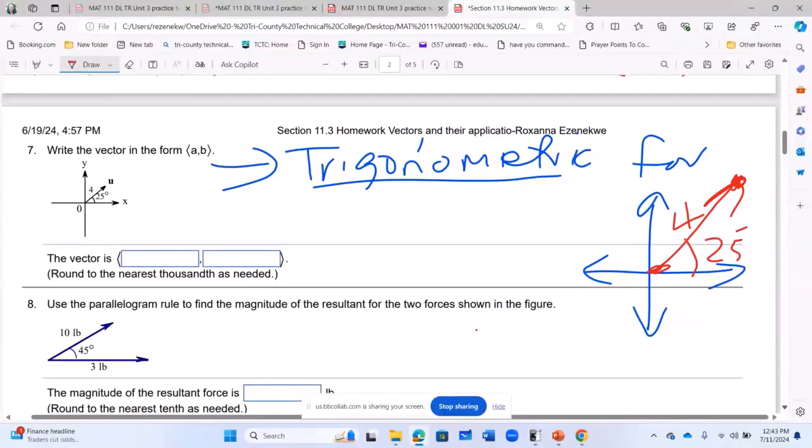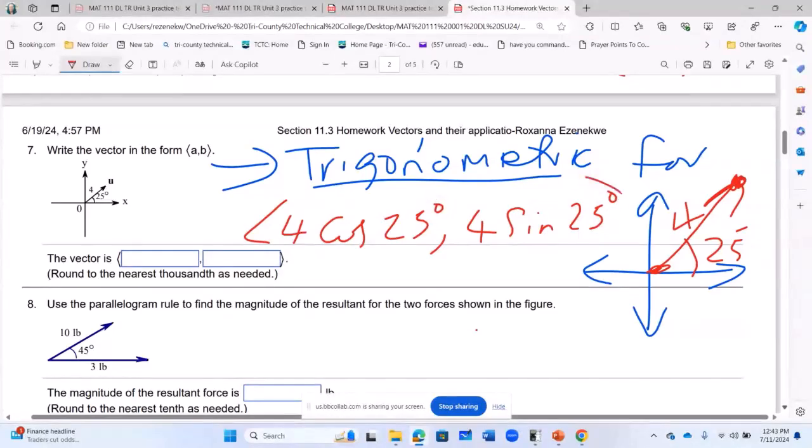So now let me write this vector in trig form: 4 cosine 25 degrees and 4 sine 25 degrees. So I have written the vector in trig form, but they didn't want me to write my answer in trig form.